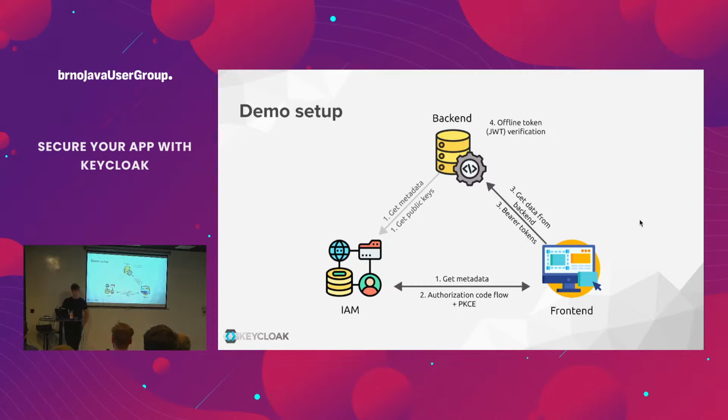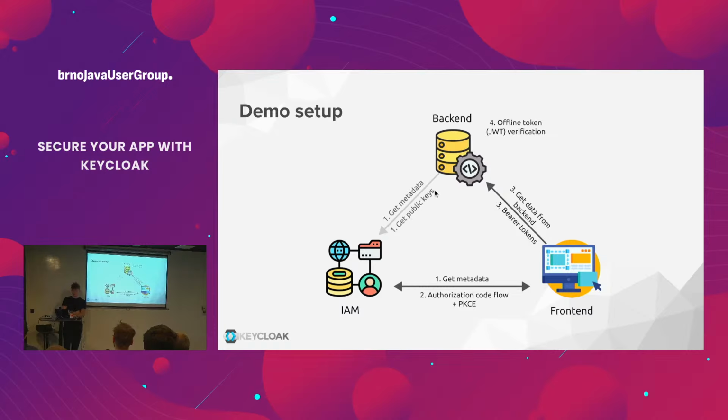So in the beginning, you just tell the applications where the IAM system is, and based on the specification, these applications call specific endpoints. They get the metadata about the system and stuff.